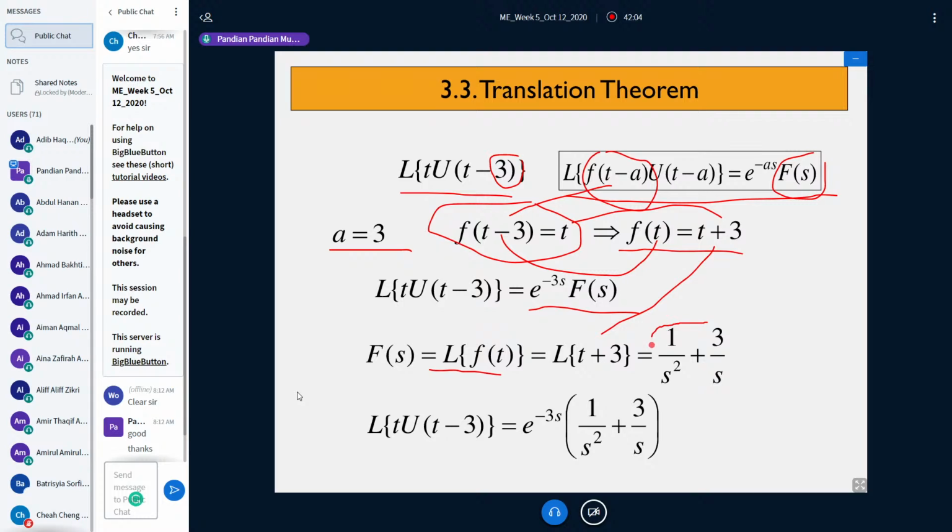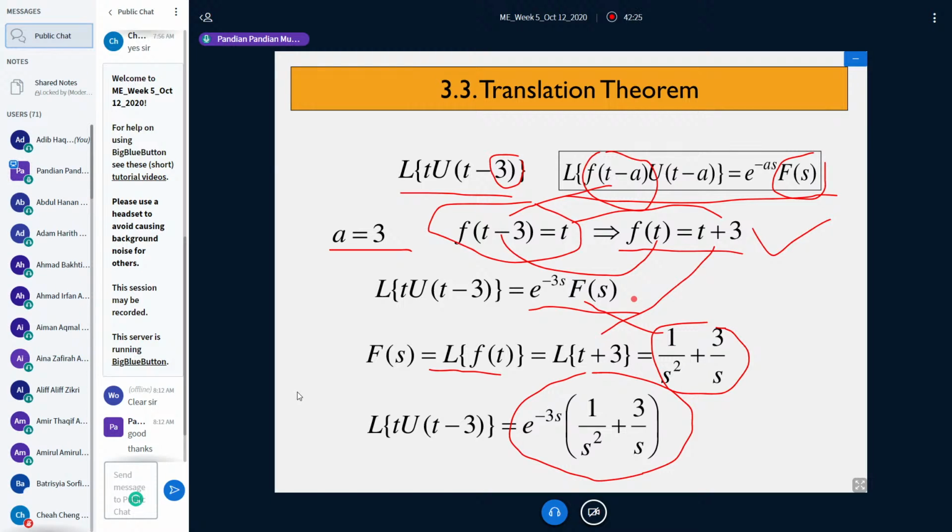So you substitute this inside this equation, F(s), then you get the final answer: e power minus 3s, 1 over s squared plus 3 over s. So the major trick is this one.